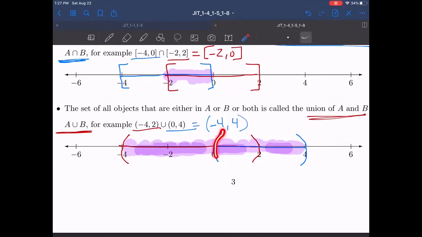Right here, the 0 and +2 were not included in the original intervals that we used to draw them, but 0, for example, wasn't included in the blue interval, but it was in the red interval. So then it gets counted, and 2 is the same way.